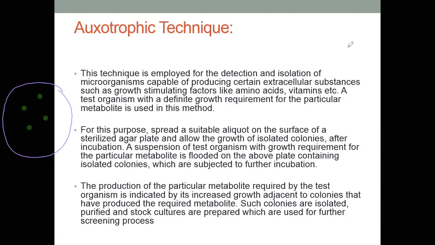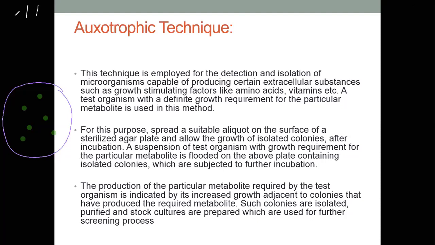These are a few colonies on the plate, which are growing once you've added the environmental sample. This aliquot is that sample, the dilution from the environmental sample. Now you are going to add a suspension of the test organism with growth requirement for a particular metabolite. So let me first draw a test organism.